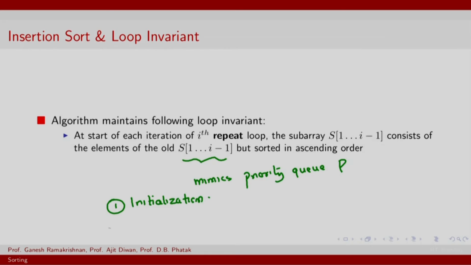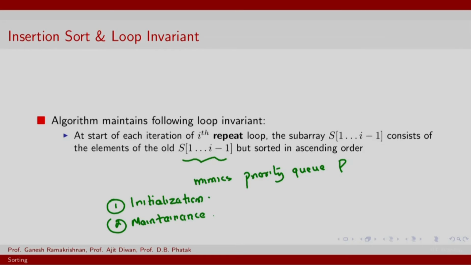So initialization holds. Maintenance: if this invariant holds before the ith iteration, or rather the I plus 1th iteration, will it hold at the I plus 1th iteration? The answer is yes. Please note that the I plus 1 iteration is only going to compare the key at the I plus 1th position with all elements preceding it, and we are already assuming that the preceding elements are sorted.